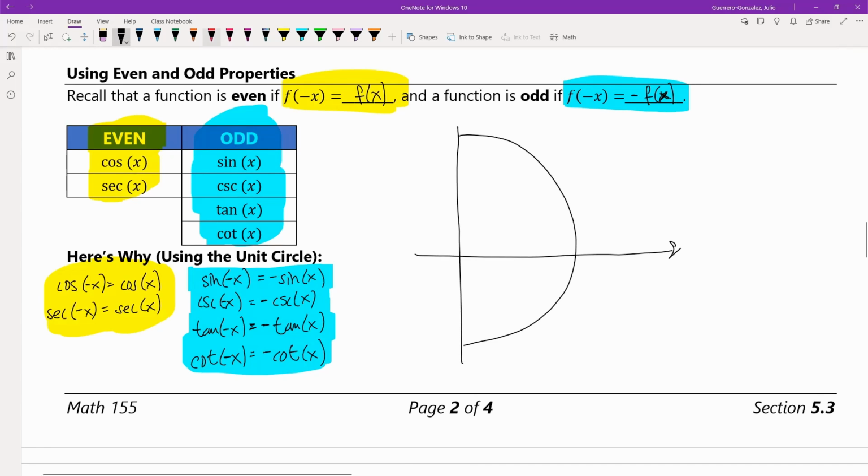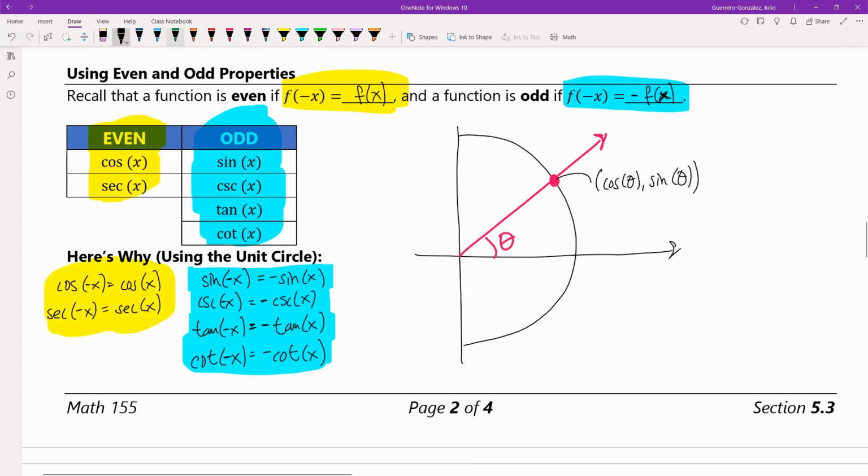So that we know this is true, let's say we go upward a particular angle theta. This has a coordinate. We know that the x component is the cosine, the y component is supposed to be the sine.